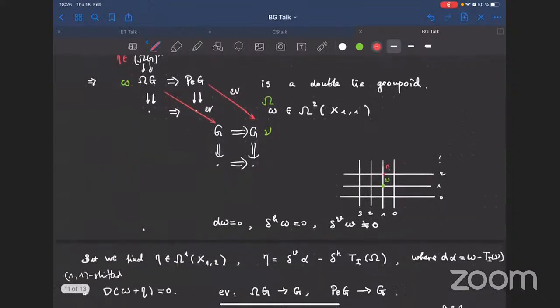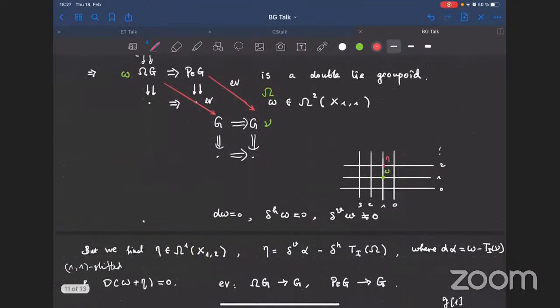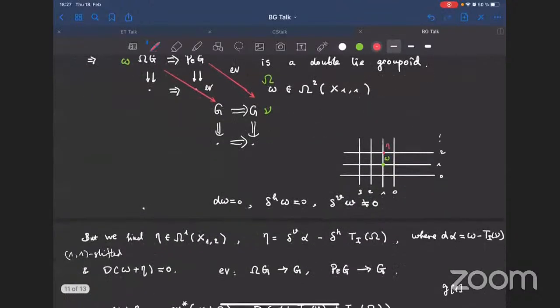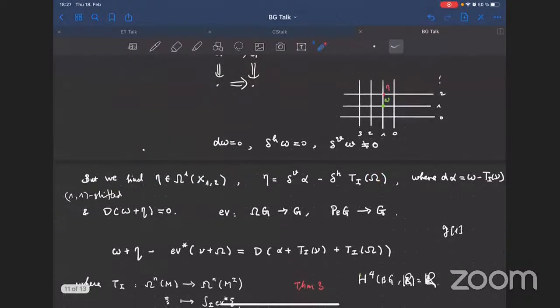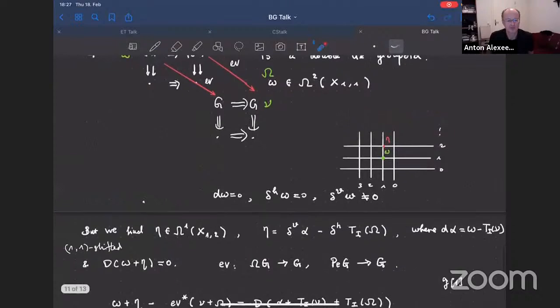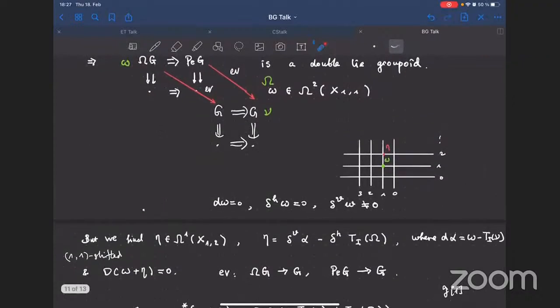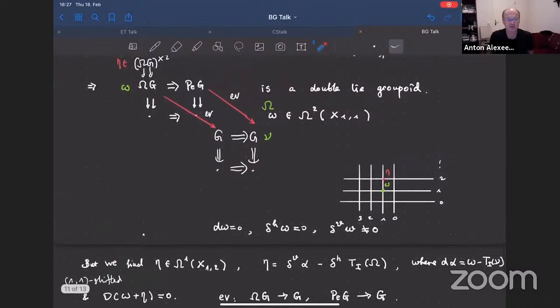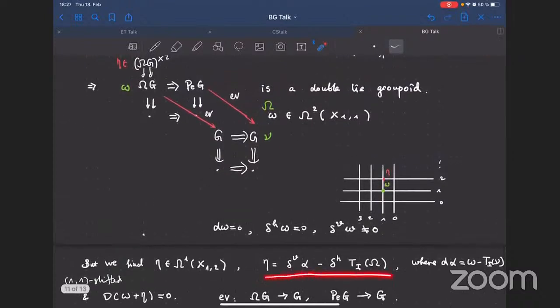And how do you get this one form? You see, I have this omega living on G times G, right? Then I do a transgression. But do we have an explicit formula for it, or is it only defined in principle? Oh, we have an explicit formula.